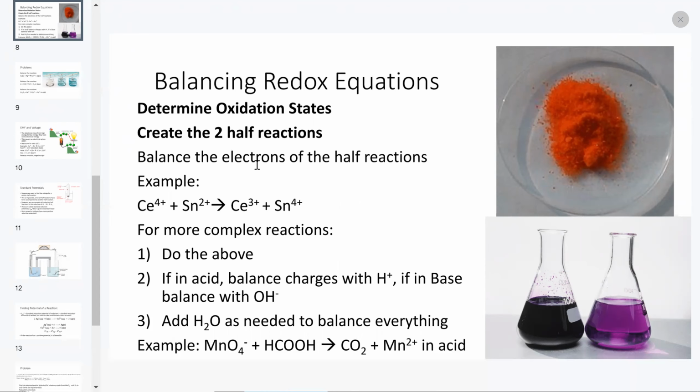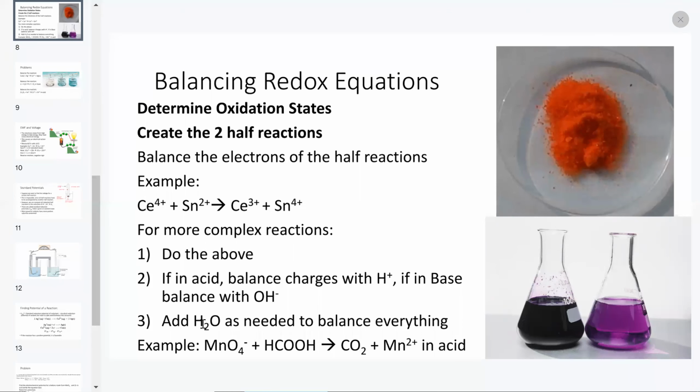For a more complex reaction, we do the above. If it's an acid, we balance the charge in the reaction using H+, and if it's in base, we use OH- to balance the charge. And then all we need to do is add H2O molecules to either side to balance out everything.